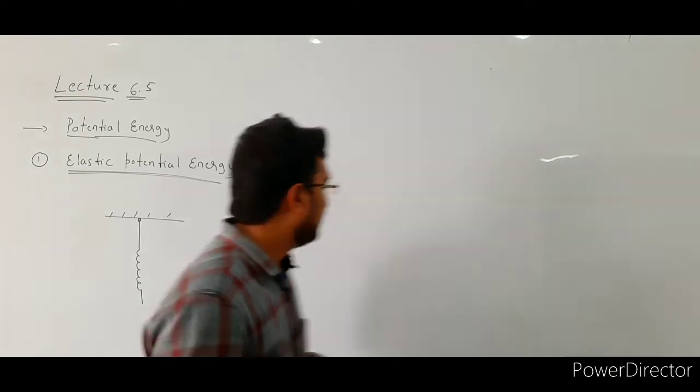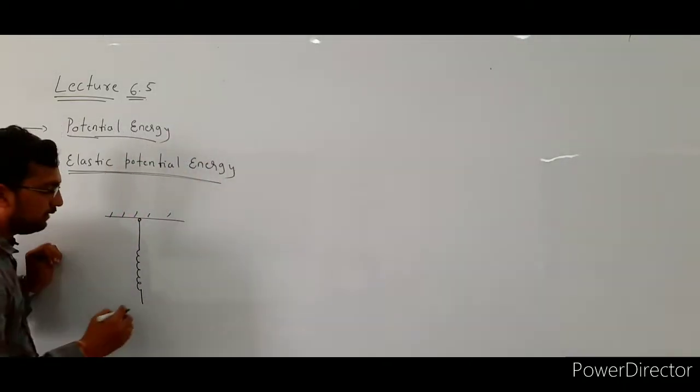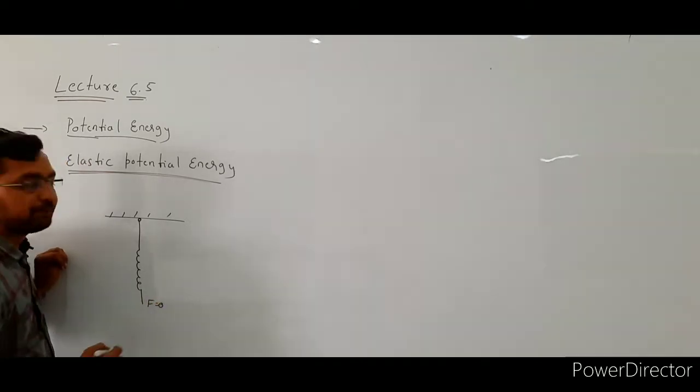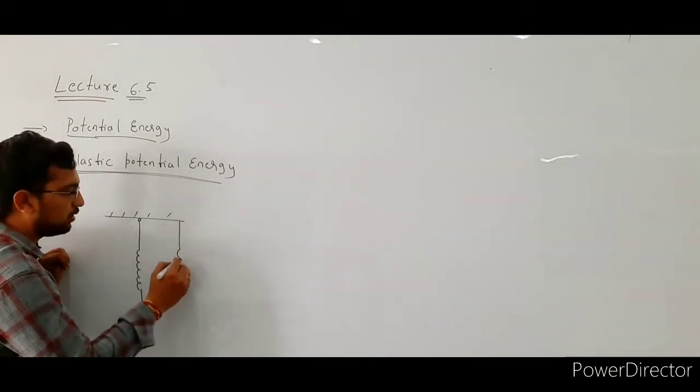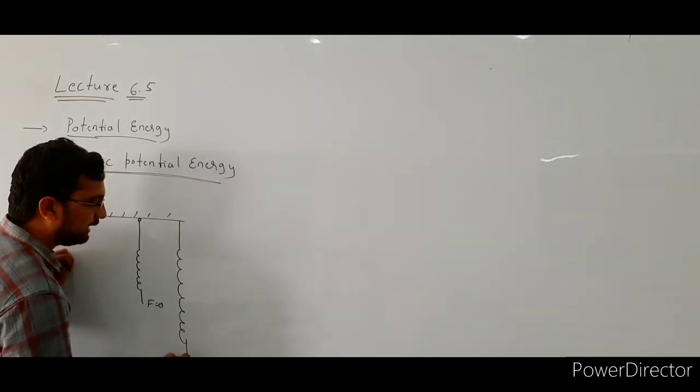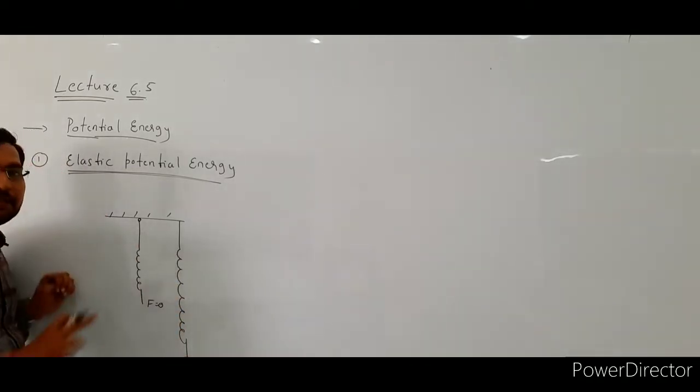See here, in this case we are not applying any force to this spring, so the force at this end is 0. Afterwards we apply some amount of force to the spring, and the length of the spring is increased.